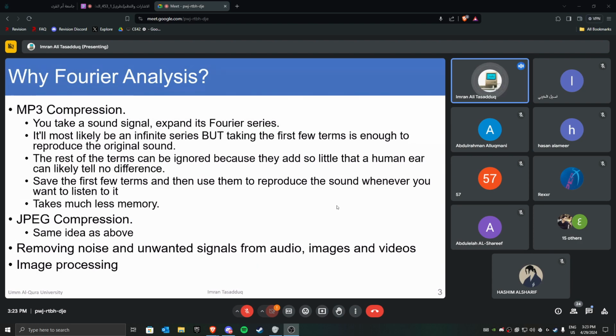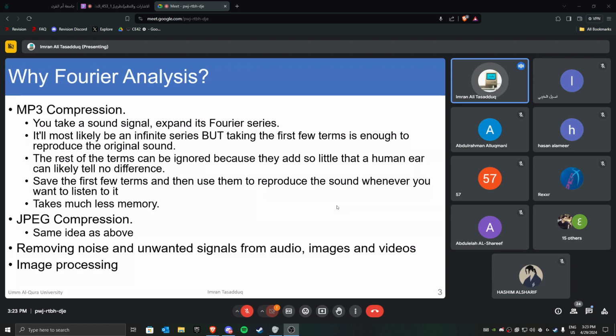The same idea is there in JPEG compression. And the same idea is there when you want to remove noise and unwanted signals from audio, images, and videos. If you know the frequency of noise, you can filter that noise signal from your signal, and you can stop the signal of that frequency.